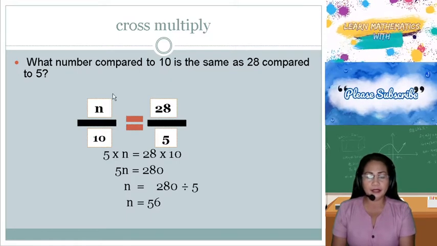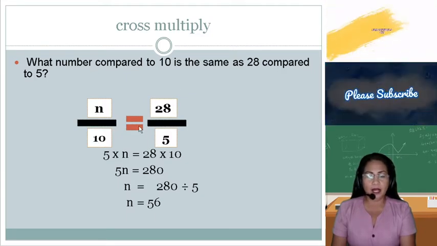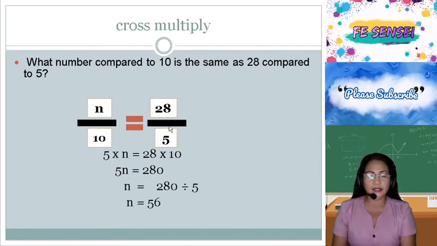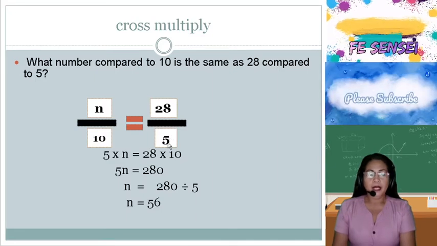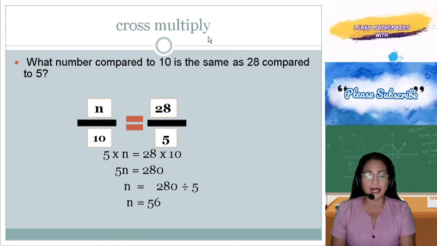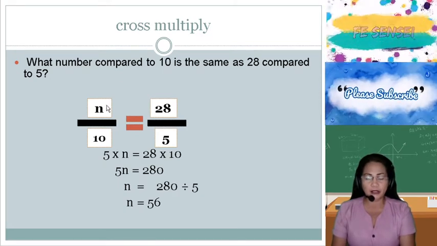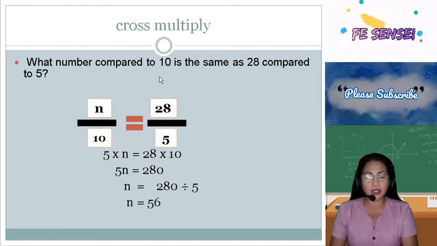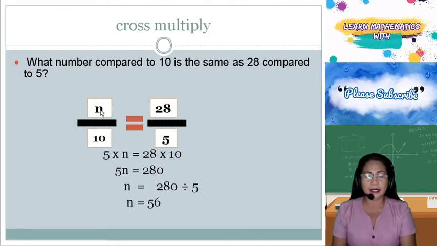Compared to 10, so that's n over 10 is equal or the same as 28 compared to 5, or 28 over 5. By cross multiplication, we're going to find the value of n, which is our missing number.